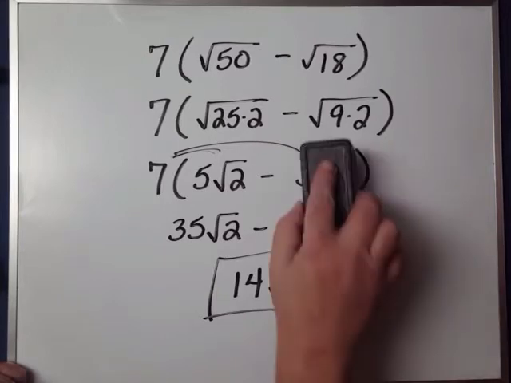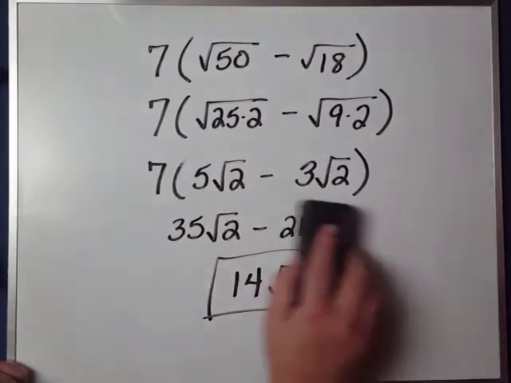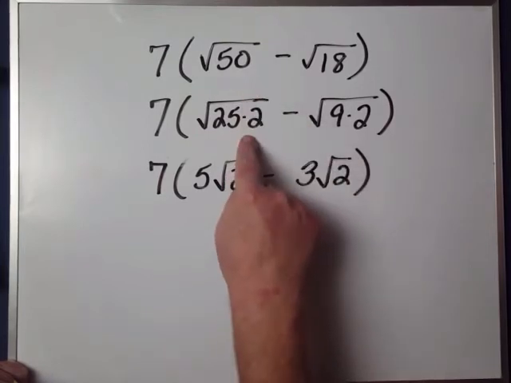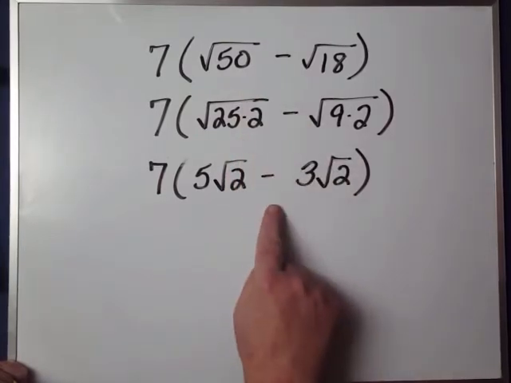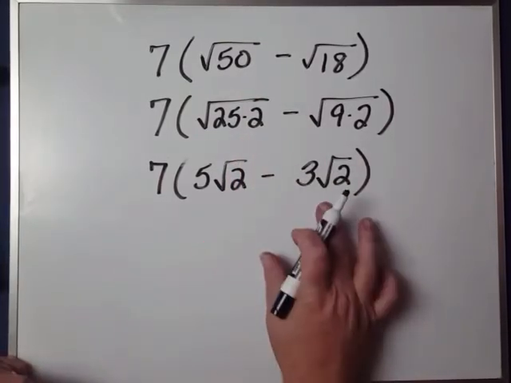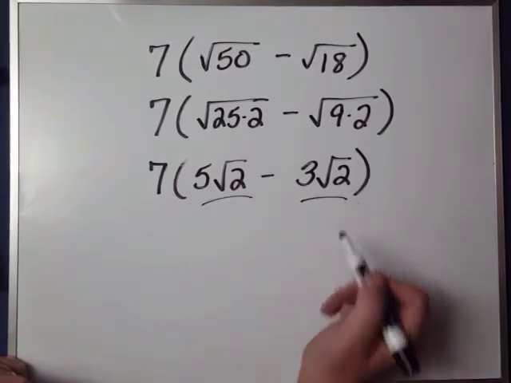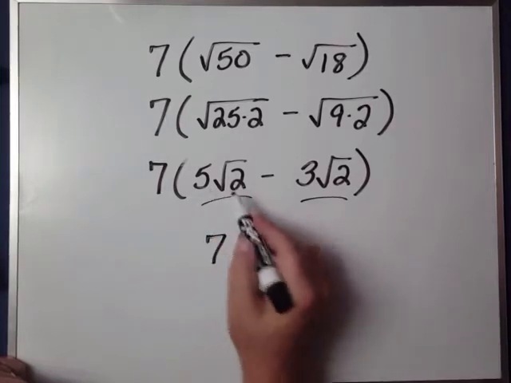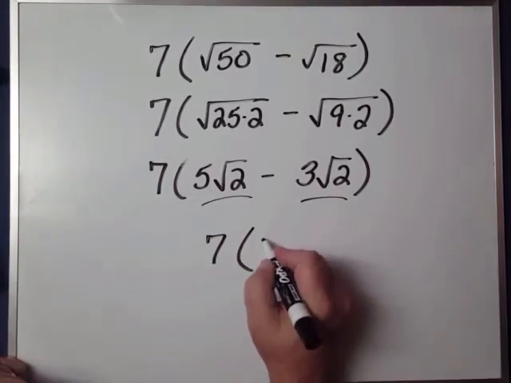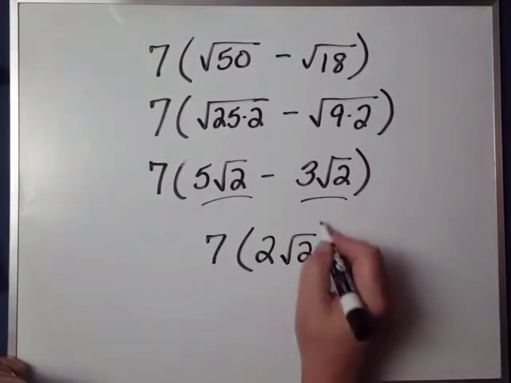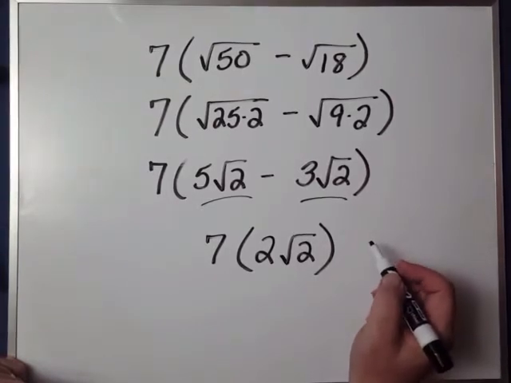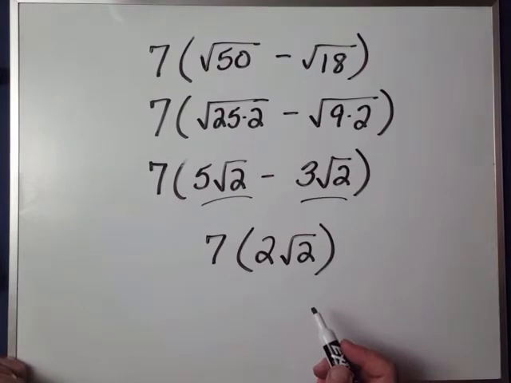But I think probably the slickest way to work this problem is to deal with those perfect squares under the square root first, and then notice here in parentheses I have like radical terms. Go ahead and subtract them. 5 square roots of 2 minus 3 square roots of 2 is 2 square roots of 2. Multiplication is associative, so I can drop those parentheses.